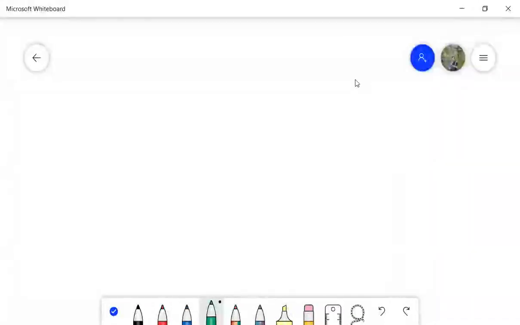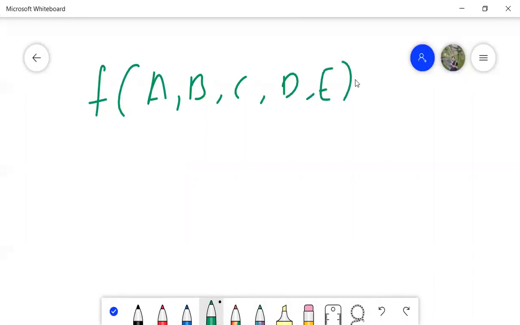So the next example we are going to consider is f of a, b, c, d and e. It is a 5 variable K-map.